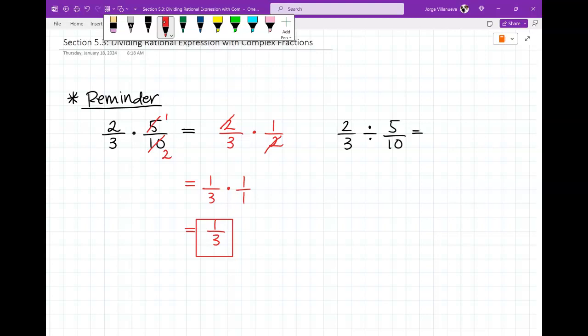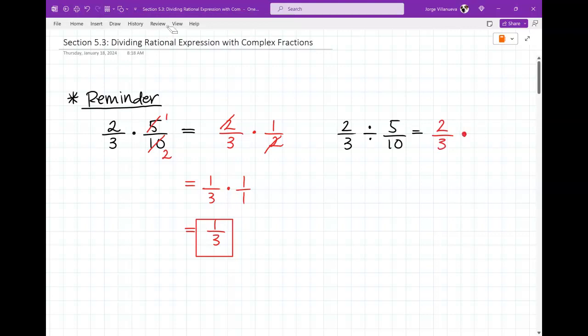When it comes to dividing fractions, this is what I tell my students, we don't divide fractions, we multiply reciprocals, okay? So we don't divide the fractions, we're going to multiply reciprocals. So that means I'm going to get 2/3, put times, actually let me change this to a completely different color just to make it obvious, times 10/5.